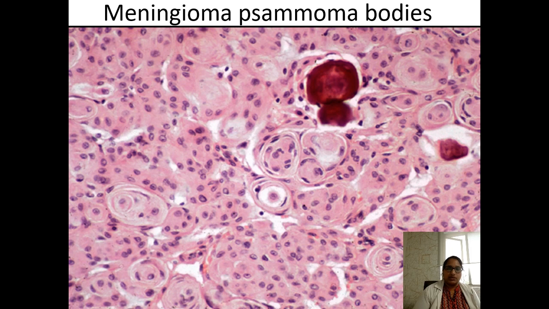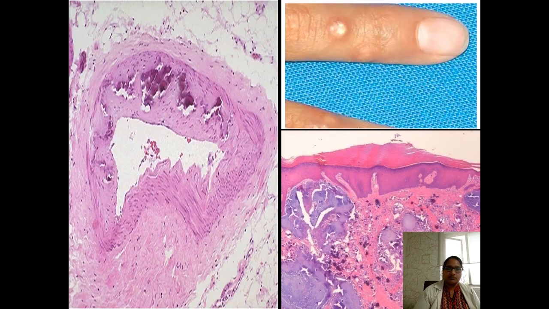In meningioma, as we discussed, the calcium deposits are seen as lamellated bodies. This is the meningioma. And this is the calcinosis cutis. This is Monckeberg's medial calcific sclerosis.